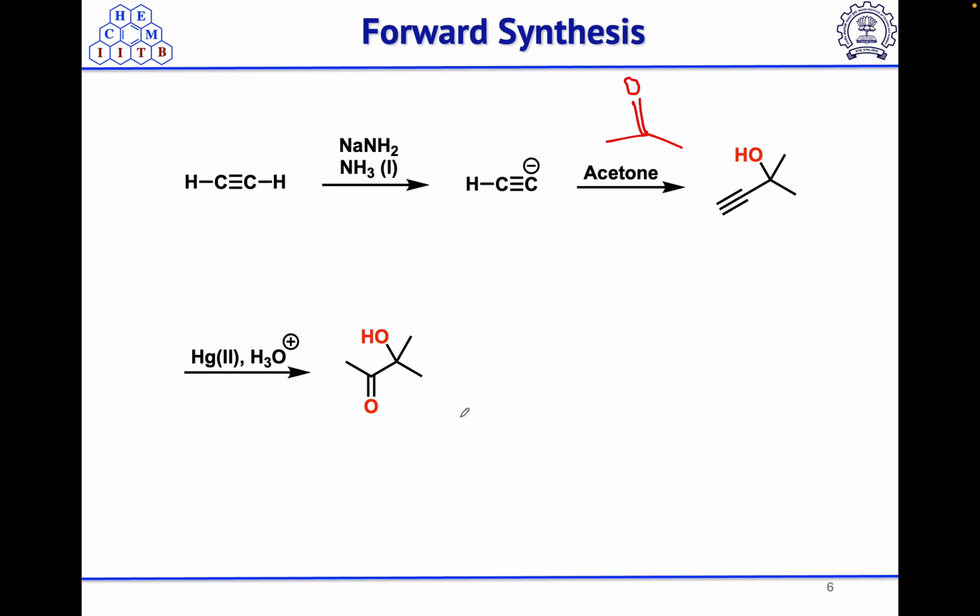So basically hydrolysis of the alkyne, and you will get this alpha hydroxy ketone. So this is our target molecule, right? And you can see how easily we did the synthesis of this target molecule. I guess you don't have any doubt, or if you have any doubt, just ask me for this particular problem.